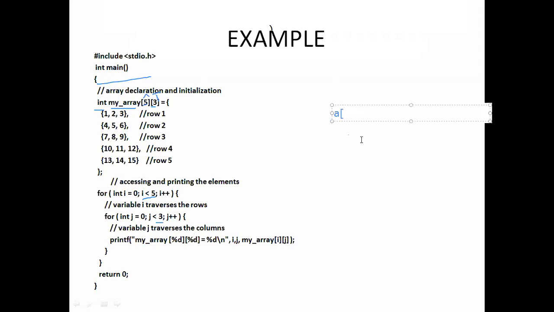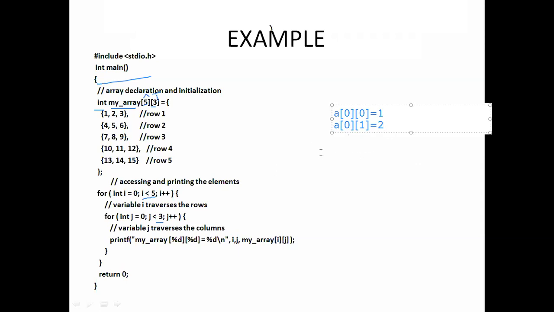So a of 0 0. What is the value of a of 0 0? a of 0 0 is 1. Next a of 0 1. a of 0 1 is 2. Okay, so in this way you represent the matrix.